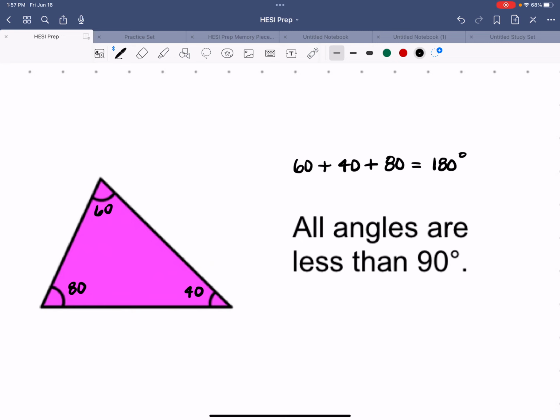I can tell you that this particular one is scalene because none of the angles match. So none of the sides would match. We could have maybe 16 yards, 18 yards, and 14 yards. If the angles don't match, the sides don't match.